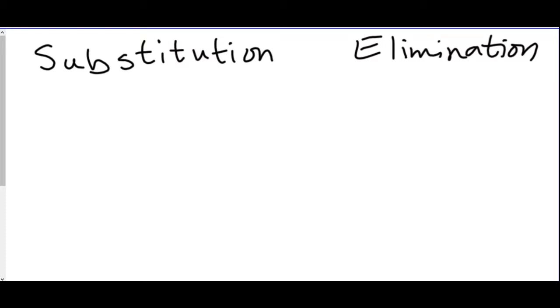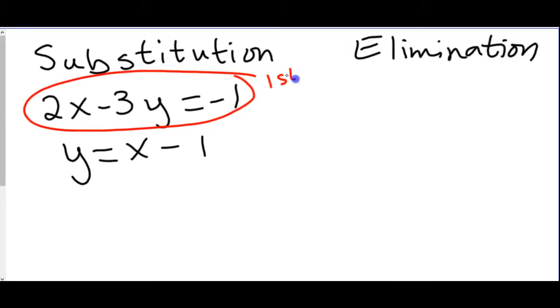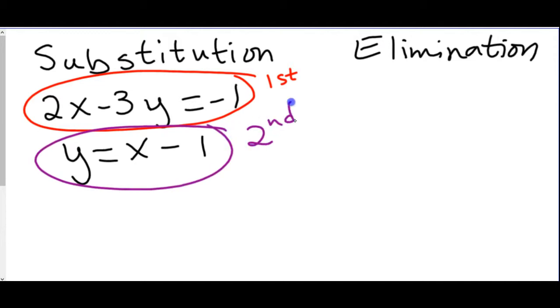Let's say we have 2x minus 3y. When we're solving a system of equations, it always consists of two separate equations that both involve the letter x and the letter y. So here, this top part would be our first equation, and the bottom part would be our second equation that we're working with.